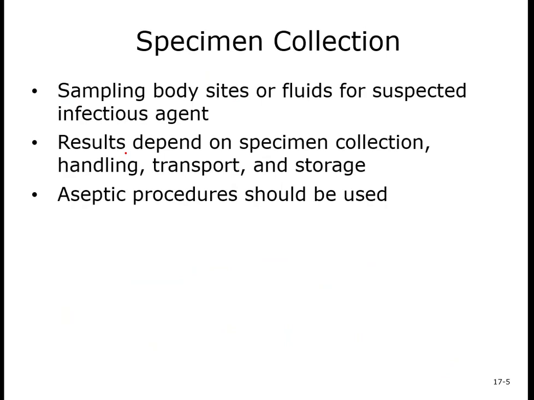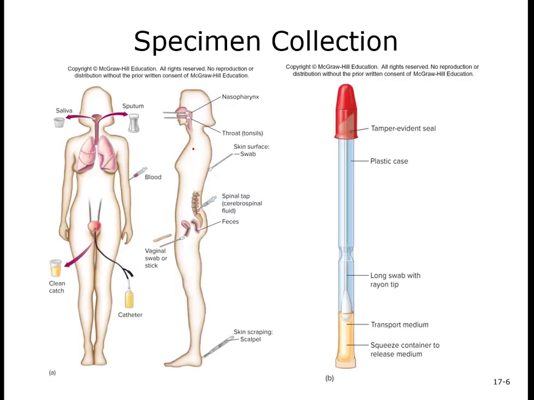And this is something you guys will probably work with directly. So depending on where the infection is, different types of samples will need to be collected. So for example, if someone has a lower respiratory tract infection of some sort, you will need to collect a sputum sample. For this, the main consideration is that the normal flora in the mouth, especially in saliva, contains a lot of bacteria already.